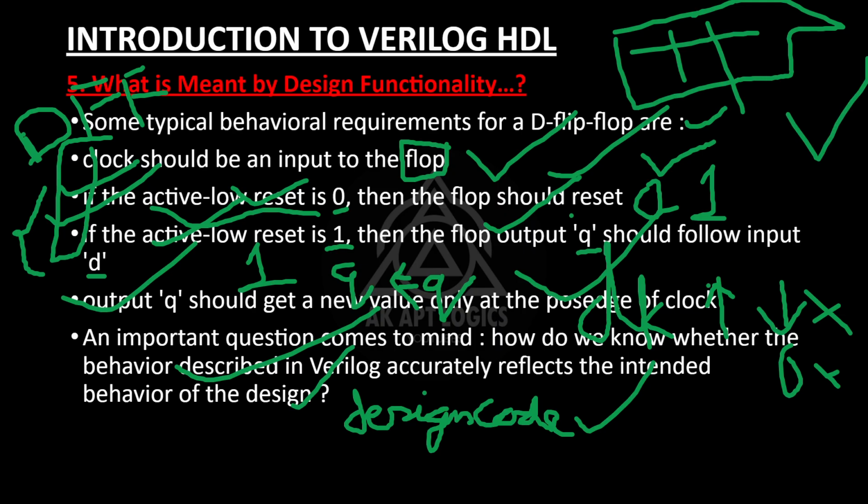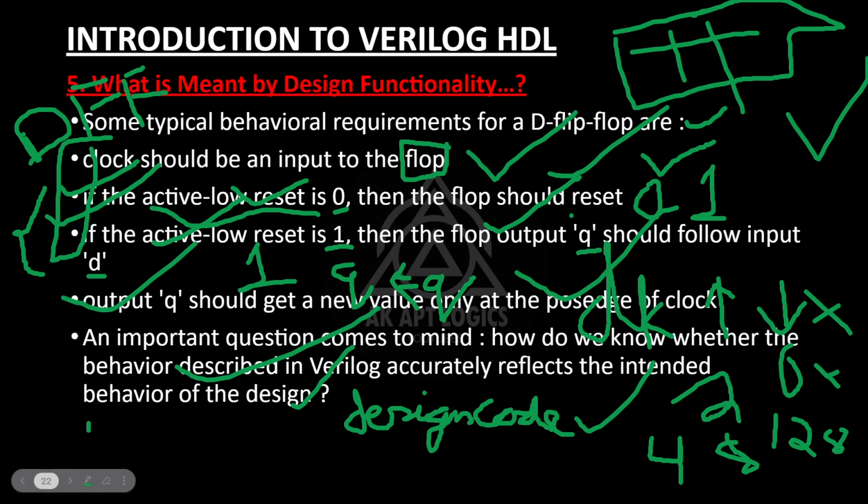Okay. To check the functionality of the truth table, for example, if you have a two-input circuit, then the combinations of the two inputs will be four, right? If we have eight inputs, then the combinations of the circuit will be 256. If you have 10 inputs, then the combinations of the input will be 1024. Can you apply 1024 manually? Yeah, you can even apply 1024.